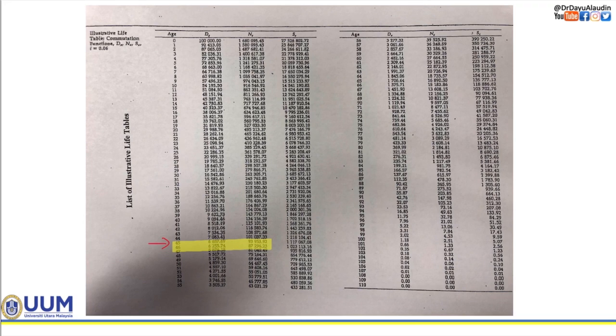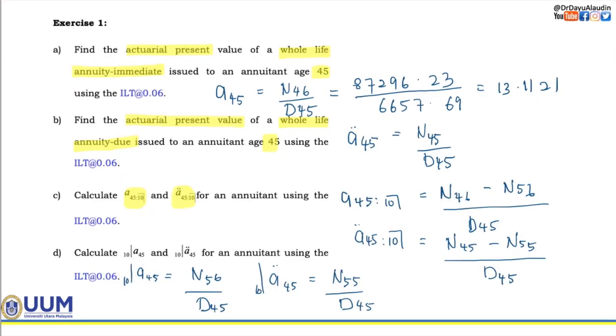And you can also try C and D. For the case of temporary, we have n years here, and for the numerator we have to use N_{x+1} minus N_{x+n+1}.